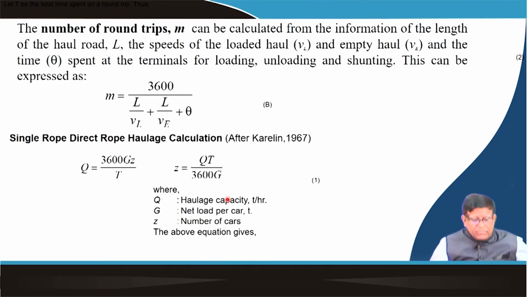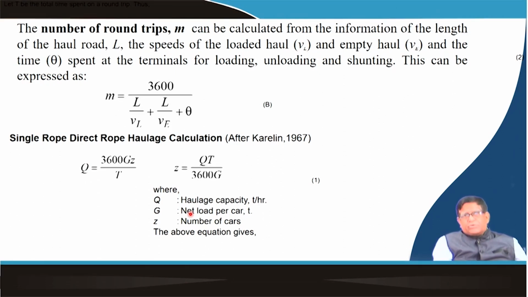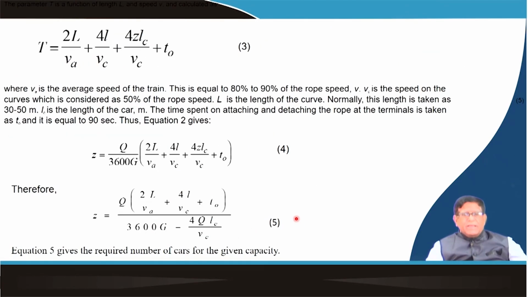That is how you can find the number of cars required for a particular production rate. So, you can calculate here, if you want to make 300 ton of coal per hour from an underground mine, you can think how many trips will have to be made. This type of calculation can be carried out by these simple equations.